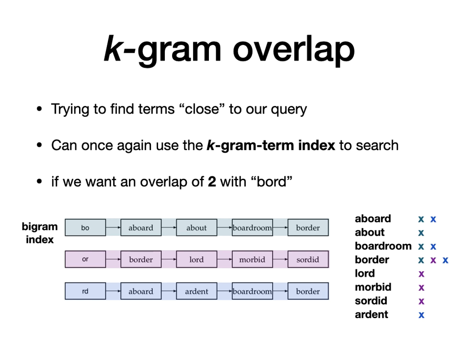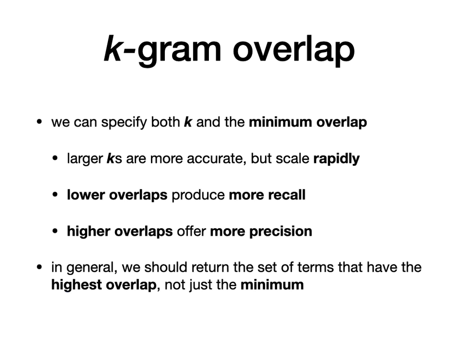If we want to make sure we only include words that have a sufficient overlap, for the bad term board, we might pick out aboard, we would pick out boardroom, and we would pick out border. We have an overlap minimum of 2, and those are the only ones that satisfy in this case. So we can specify this minimum overlap.